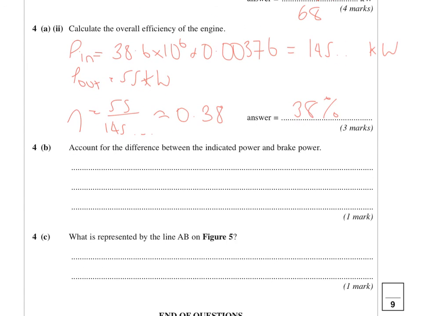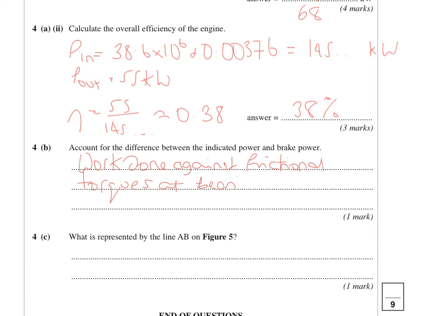Account for the difference between indicated power and brake power. So you subtract from it the frictional power, so it's going to be work done against frictional torques at the bearings.